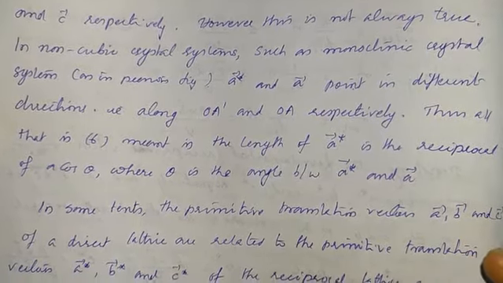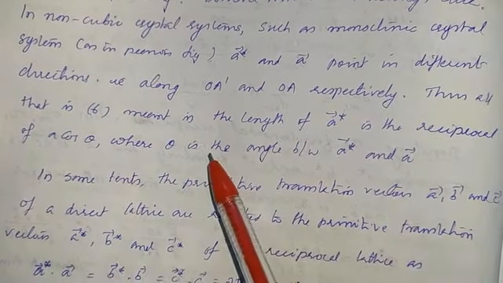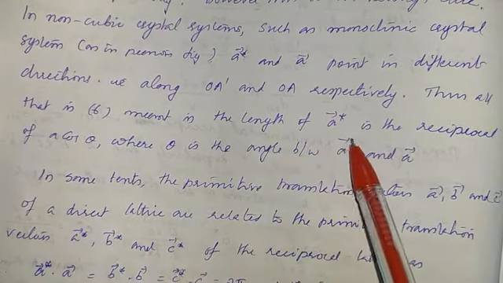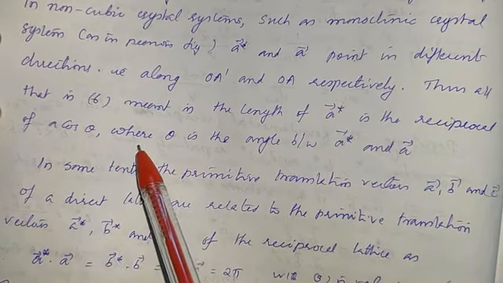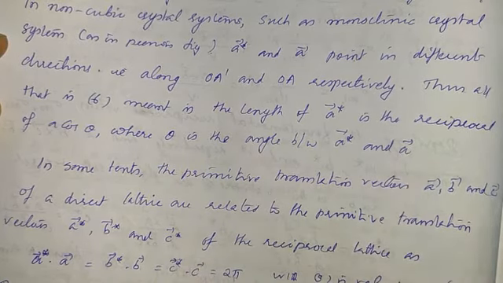So in monoclinic crystals, a and a star are pointing in different directions. This, in equation 6, means that the length of a star is the reciprocal of a cos theta, where theta is the angle between a star and a.